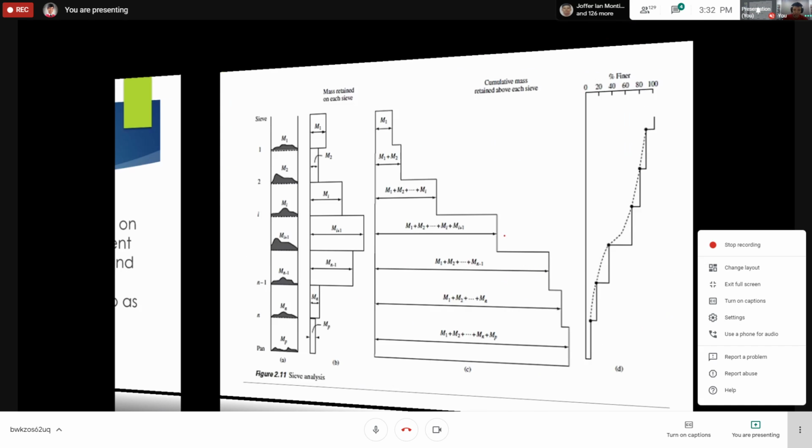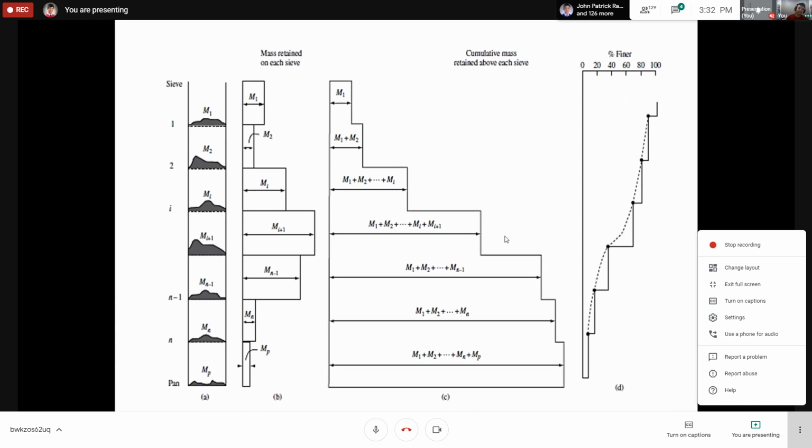Okay, so an example. Again, step number 1, right? You can determine the masses of each sieve, and then you plot your data. You can just use Excel, right? Since we are high-tech now. Okay?